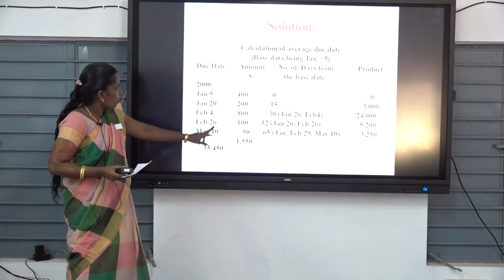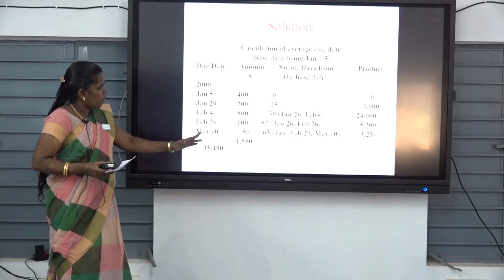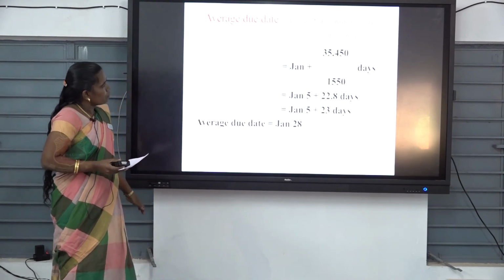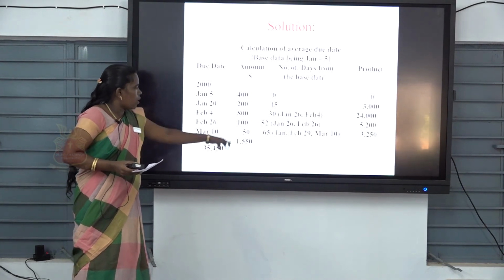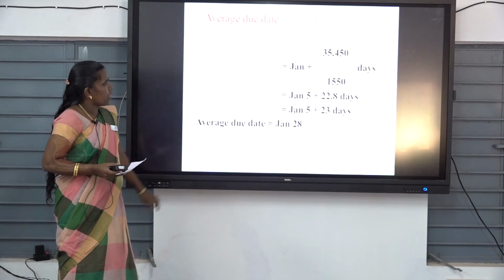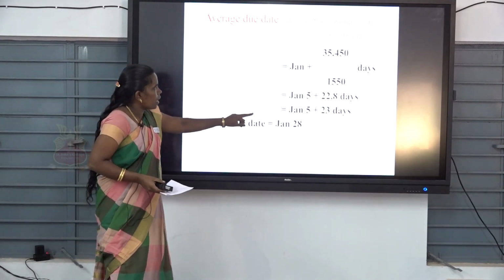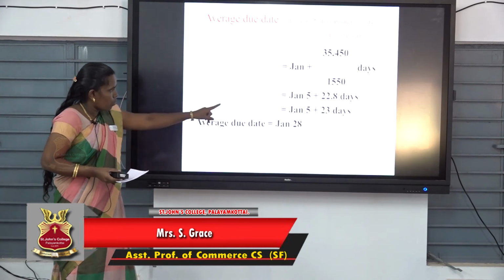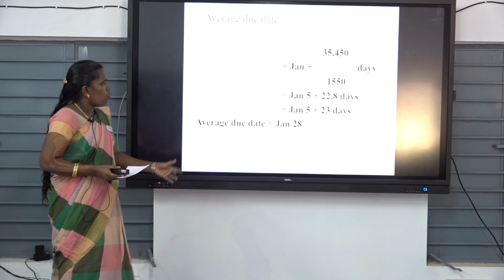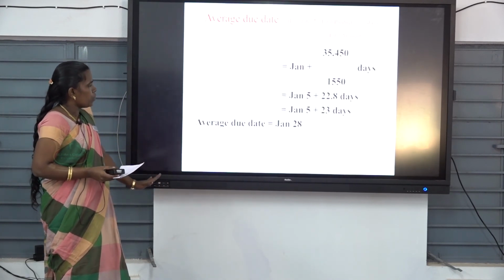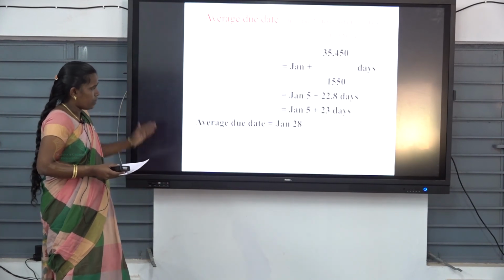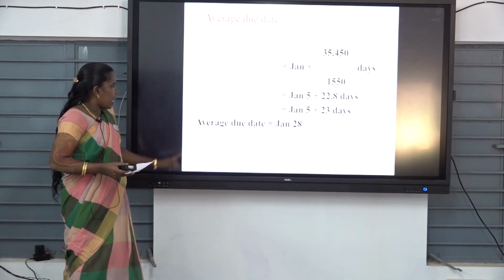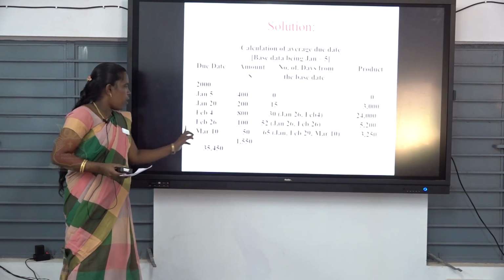The total product is 34,450 and the total amount is 1,550. 34,450 divided by 1,550 gives the number of days, 28.8 days, rounded to 29 days. Adding that to January 5, the average due date is around January 28 days.